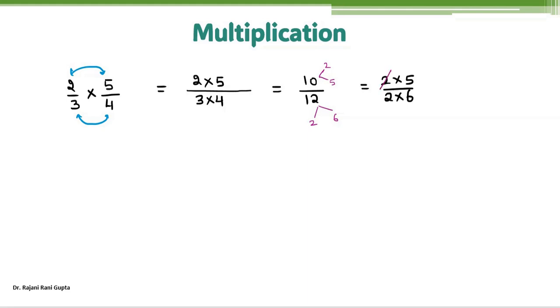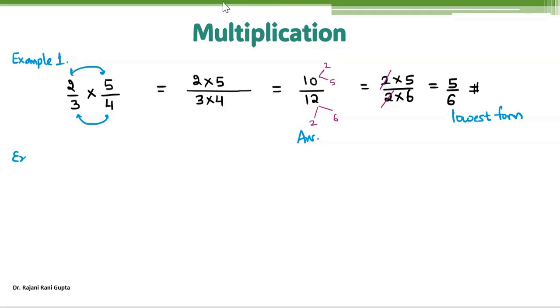It means we can cancel the 2 appearing in the numerator and denominator, and the lowest form is 5 over 6. This is the answer in the lowest form. So this is the first example.